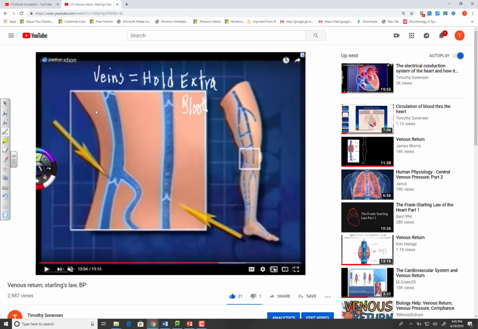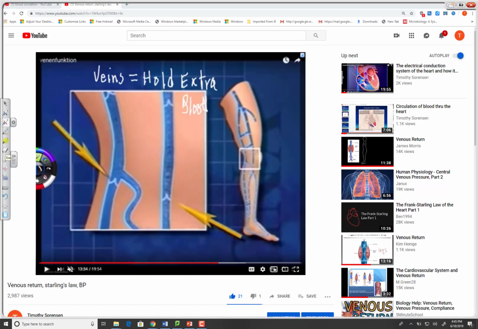So watch. Look. Veins, one-way valves. And when you walk and you contract muscle, you will squish those veins like a freezy pop. And when you squish those veins, it forces open that one-way valve and it sends that venous blood towards the right side of the heart. Then you relax your muscle.